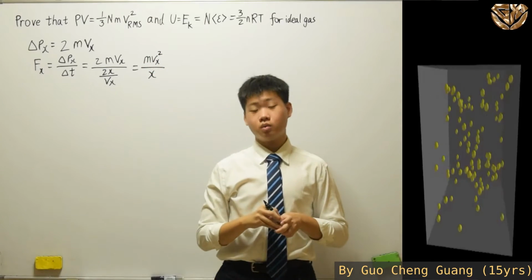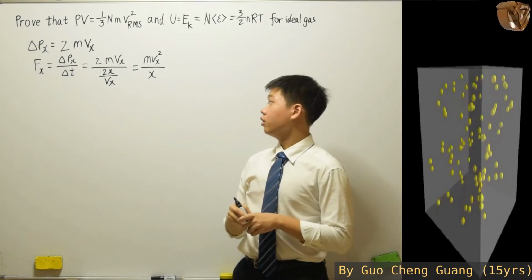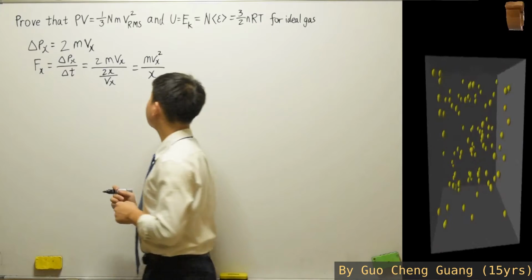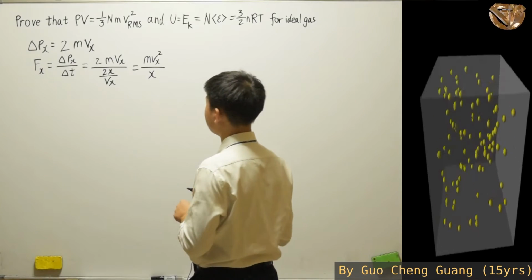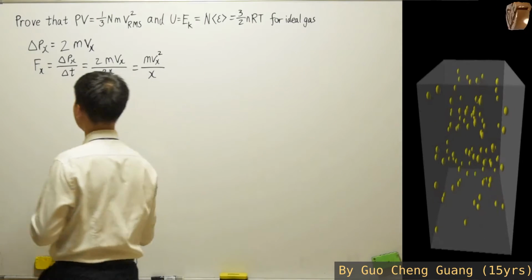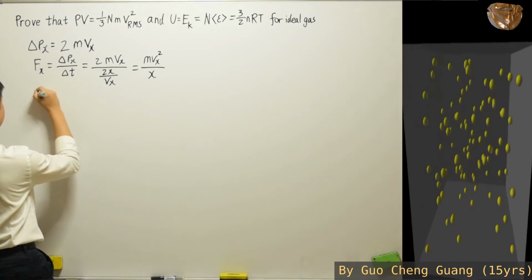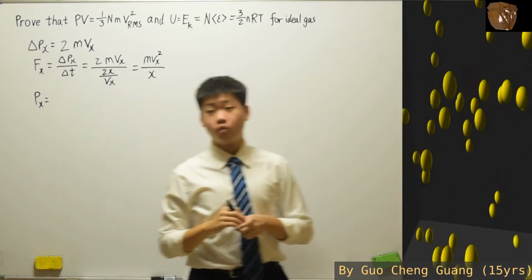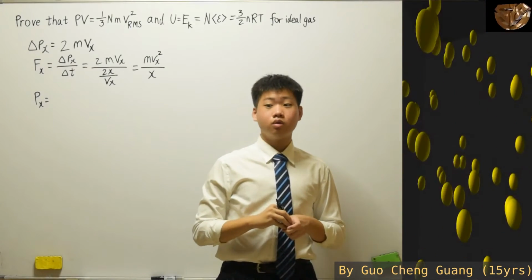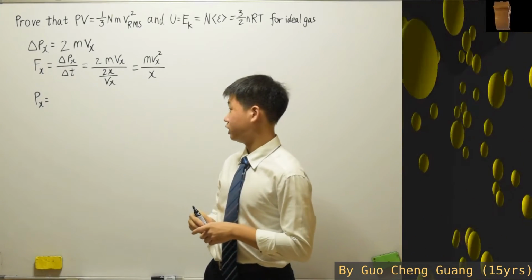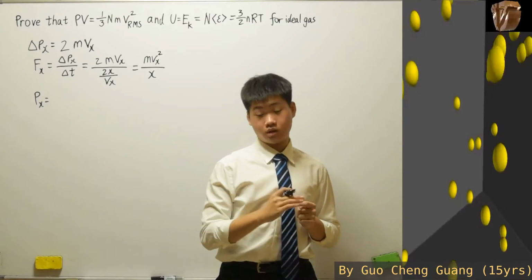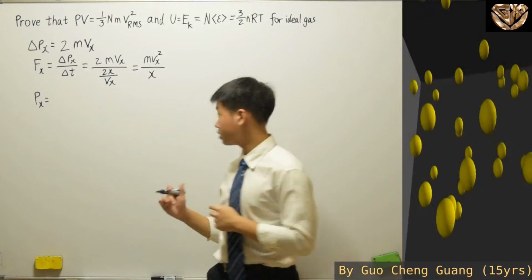So this will be your force along the x direction for one particle, alright? So this is the force for one particle. How about the pressure for one particle? So if you have your pressure, that means it is your force over the area of the surface.